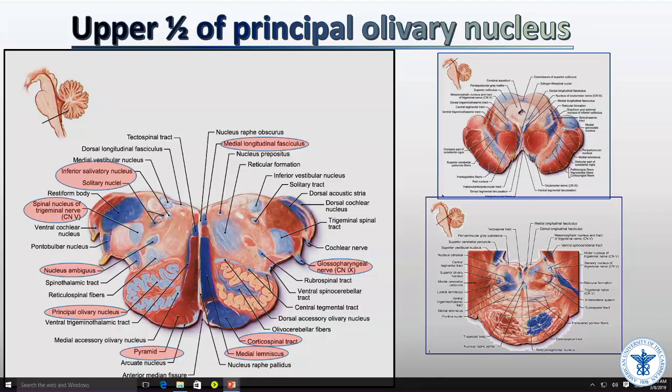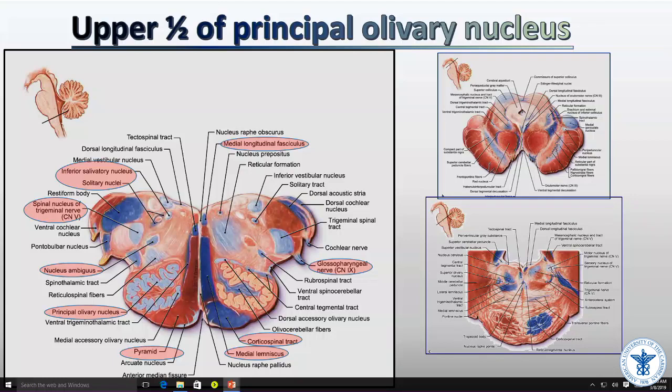And okay, so we look at some of the interesting features here. Now you see, as we go down the medulla, the pyramid becomes larger and larger. We'll see that's because of the decussation, the way the fibers cross over. And you see how big the olivary nucleus is over here. It's a complex nucleus with multiple nuclei, and the superior olivary nucleus is associated with the vestibular functions, and the inferior one with the cerebellum.